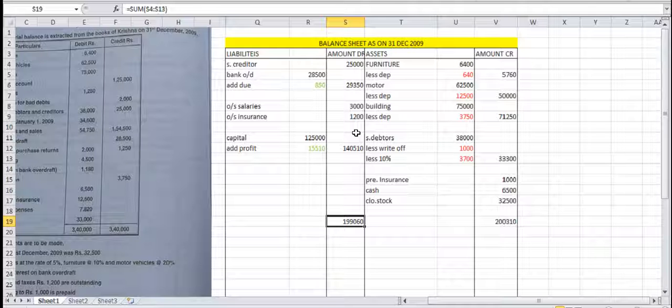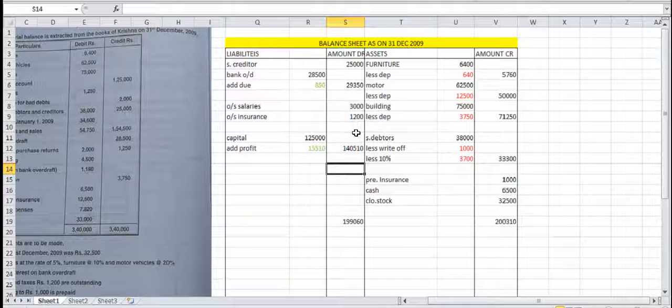Why you are getting a little difference is because of the commission we have taken so far. Okay, commission will be in next year, that's why we are getting this.